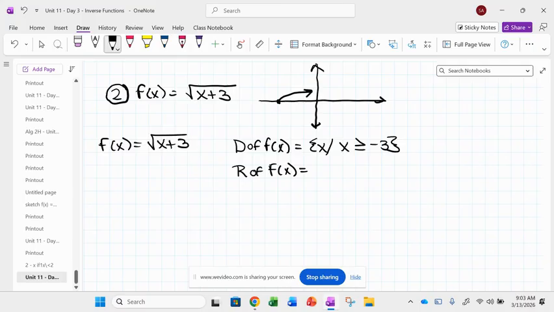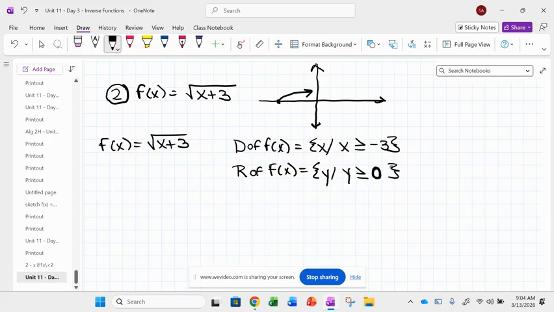Violet? Wait, say it one more time. Perfect. Can I just write y is greater than or equal to 0? Yep.